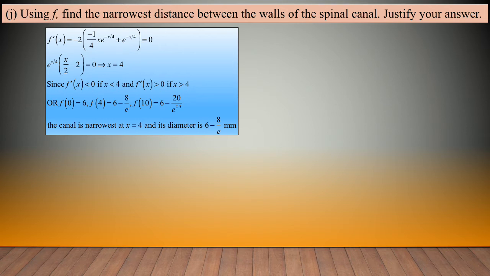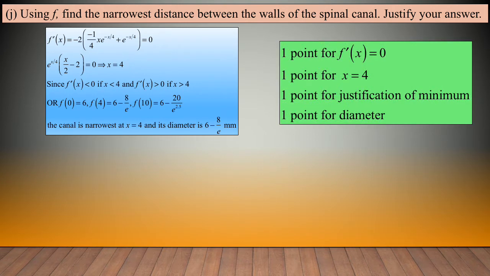Without a calculator, we see that 8 over e is greater than 2, but 20 over e to the 2.5 will be less than 1, and therefore the minimum is going to be 6 minus 8 over e. 4 points for this problem. 1 point for f prime of x is equal to 0, 1 point for x is equal to 4, 1 point for the justification of the minimum, and 1 point for finding the actual diameter.